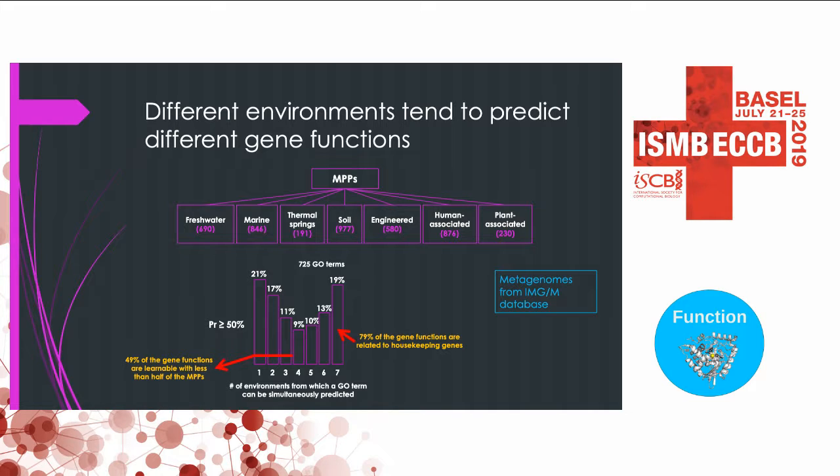While on the other side, we can see that almost half of the gene functions is learnable by less than half of the MPPs, which confirms relatively high complementarity among MPPs representing different environments.